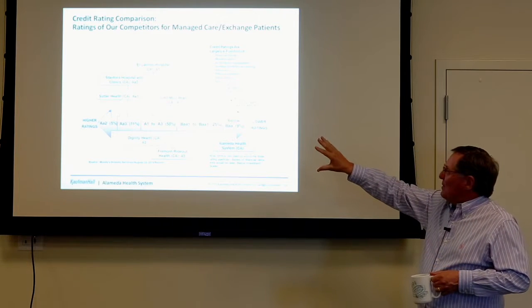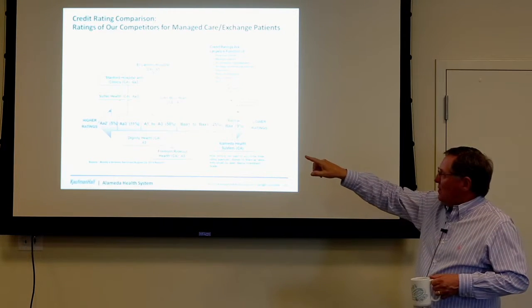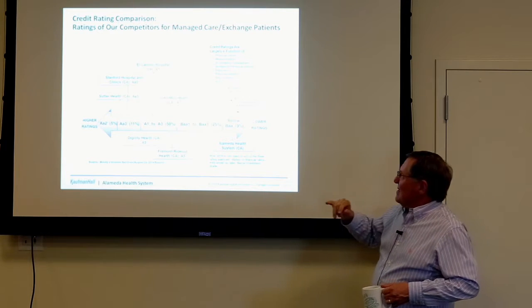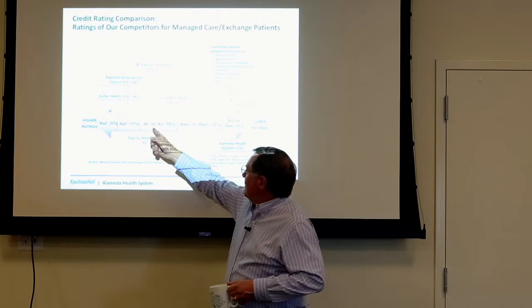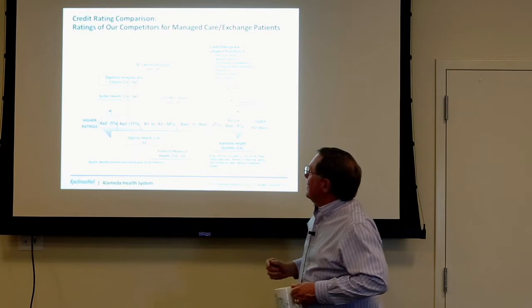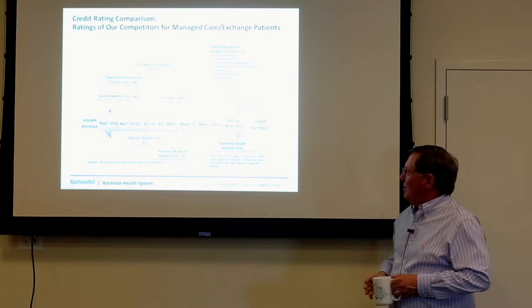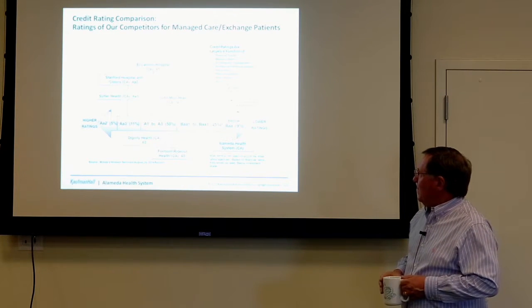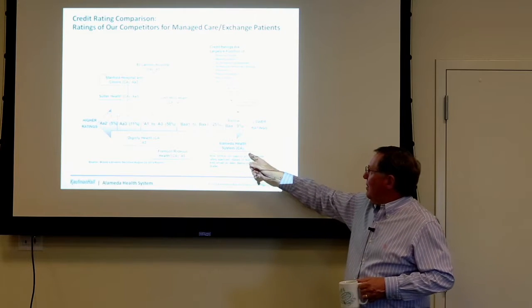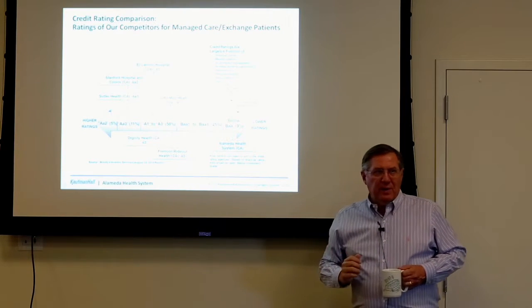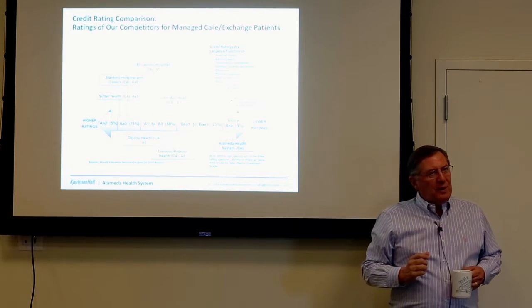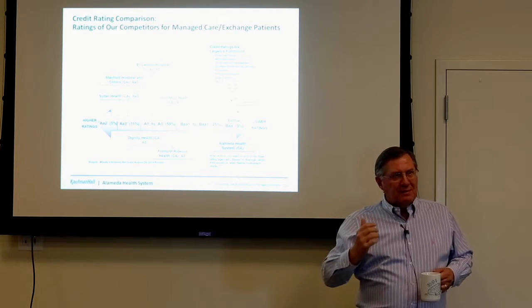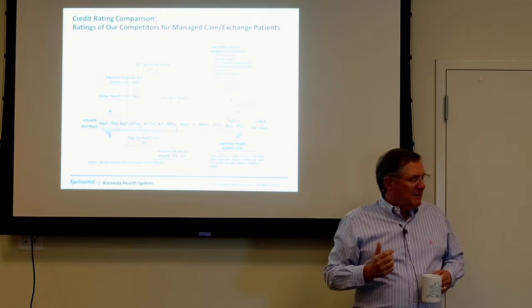So I just put up here some of the local organizations. You can see Sutter, which I used to run, and I took them from about here to there, and then they've since gone further. Stanford, El Camino, John Muir, Dignity, Fremont, Rideout. We're over here, but guess what? We don't have a credit rating, because to have a credit rating, you have to issue bonds, and we don't do that.